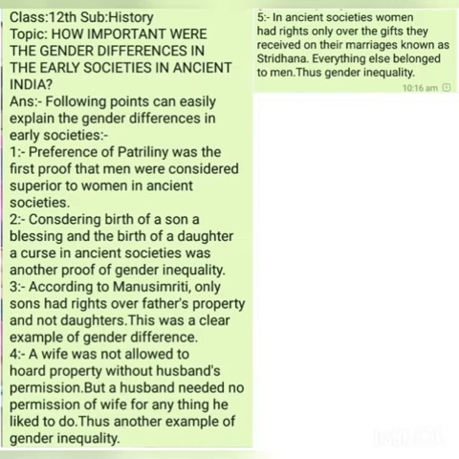Number five, women in early societies had rights only over the gifts that they received at the time of marriage, known as Stridhan. So, in early societies, when a woman was getting married, at the time of marriage, she used to get various gifts, and these gifts were known as Stridhan. This was the only property which a woman was getting.